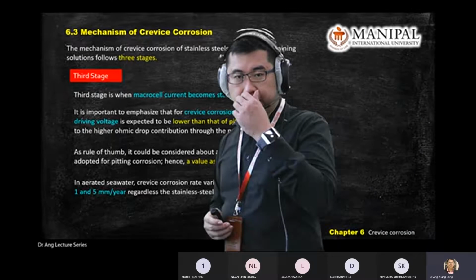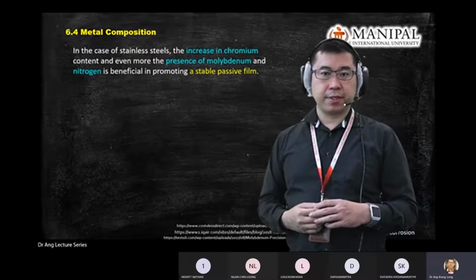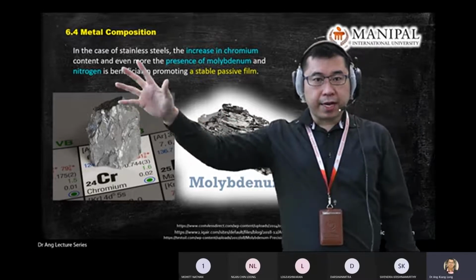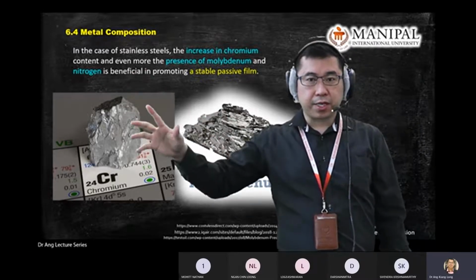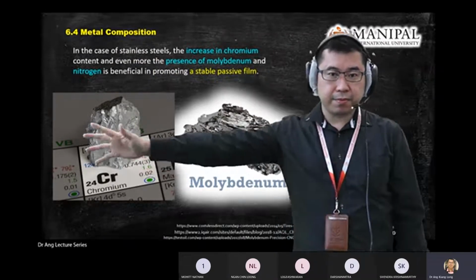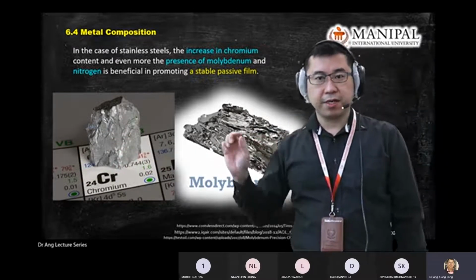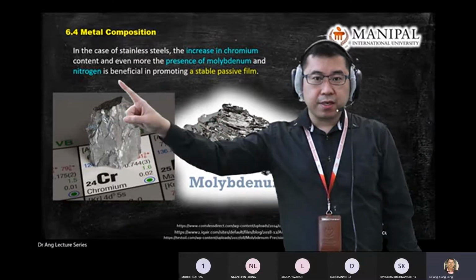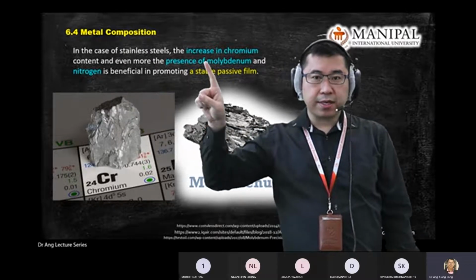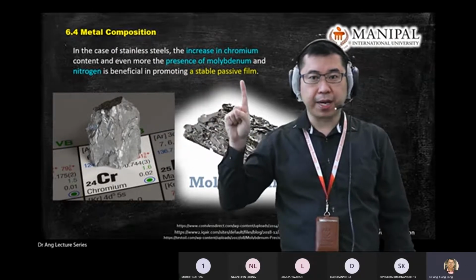Okay, let's look at number 4, metal composition. Now, what happened in the stainless steels? Stainless steel has chromium and molybdenum, which look quite similar in color, and nitrogen. Chromium, molybdenum, and nitrogen are good in promoting a stable passive film.